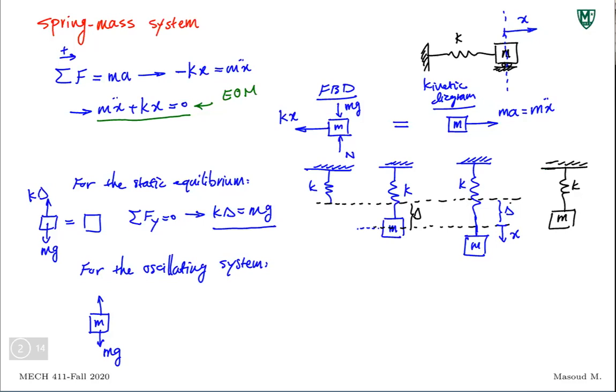I'll wait. So the force of the spring is K multiplied by the amount the spring is stretched. How much is the spring stretched now? The delta? Well, delta plus X, right?